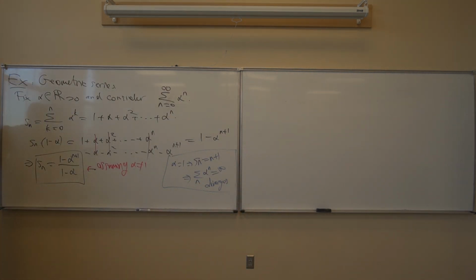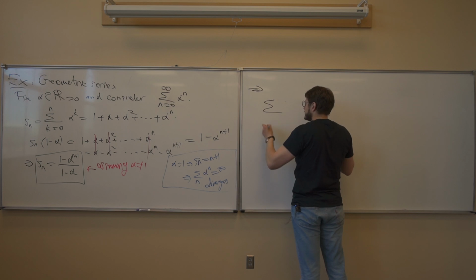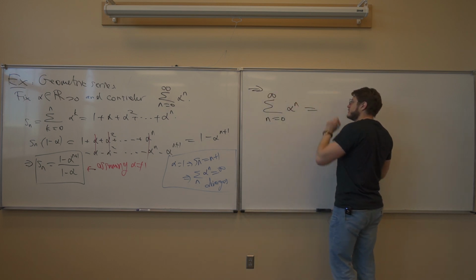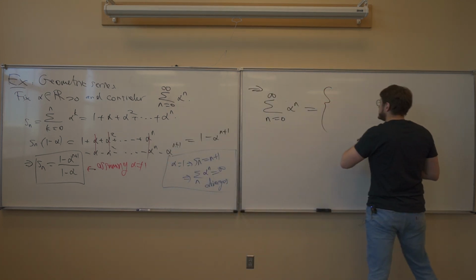But then again, in order to make sense of the infinite sum, I'm going to take the limit of this expression as n goes to infinity. And I want this not to blow up. This can happen only if this expression doesn't blow up, and that can happen only if alpha is less than 1. And so I can say that this is a piecewise situation.